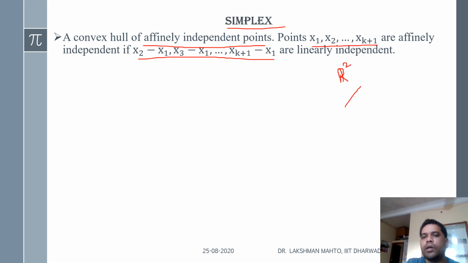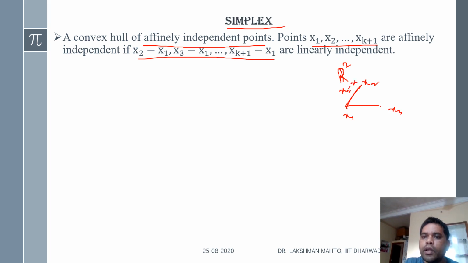Let us try to visualize affinely independent nature in 2D. Take any 3 points in R2: one we call x1, another x2, and the third x3. We consider x1 as the reference point, and with respect to x1 we define the position vectors of x2 and x3.